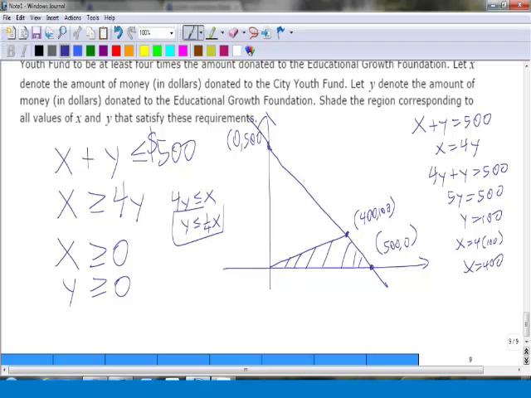And then Alex needs to make sure to do the x-axis. Yeah, we're going to have to graph the x-axis and those two lines. So here goes.